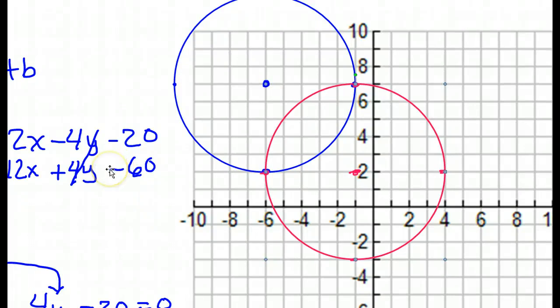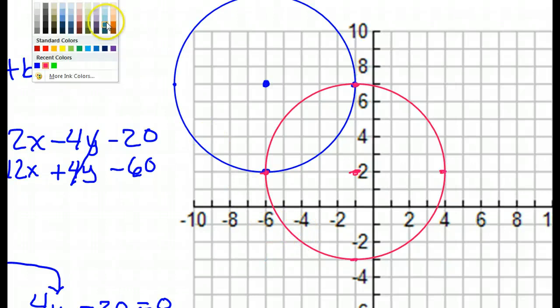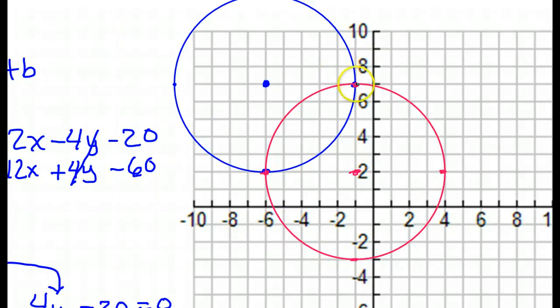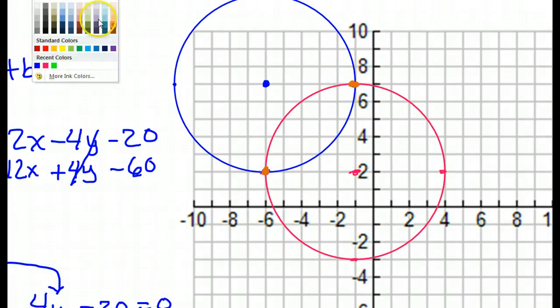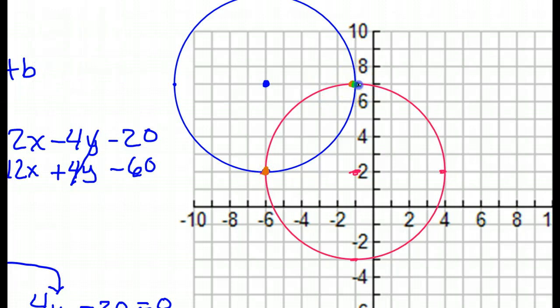Okay, so there are the two circles graphically. So as you can see, the points of intersection are here and here. I like this color better. Okay, so this point is the point negative 1 comma 7, and this point is the point negative 6 comma 2.